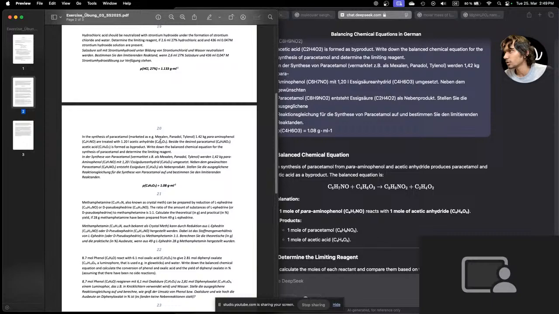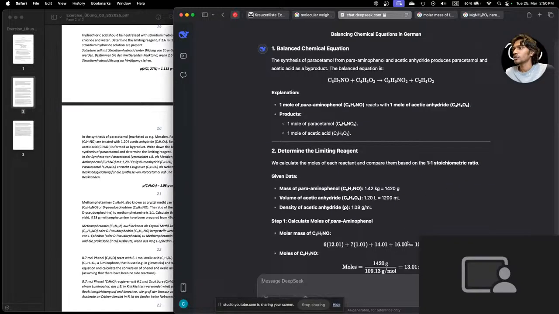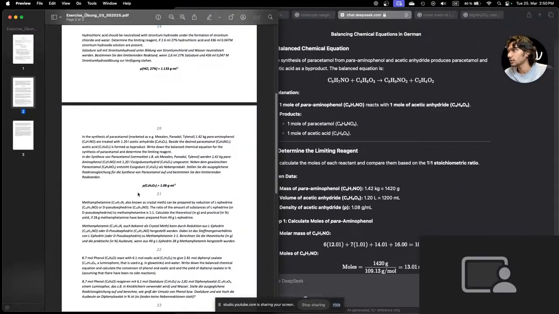So how do you convert kilograms to... you have to find out the moles, right? Determine the limiting reagent, mass of the para-aminophenol.